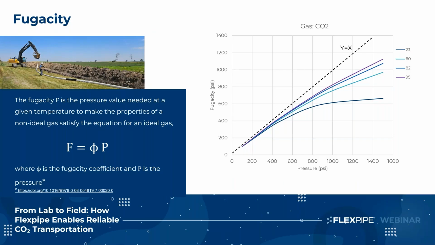As temperature decreases, the deviation from ideal gas behavior becomes more pronounced, as shown in this plot. Just note that at 23 degrees C, the transition of pure CO₂ from gas to liquid is about 891 psi. So at any pressure above that, the CO₂ is no longer in gas phase.